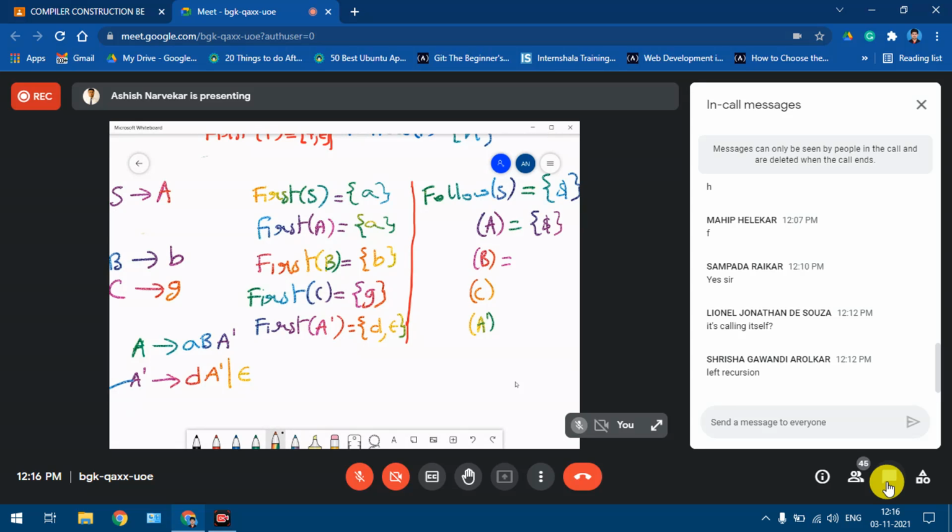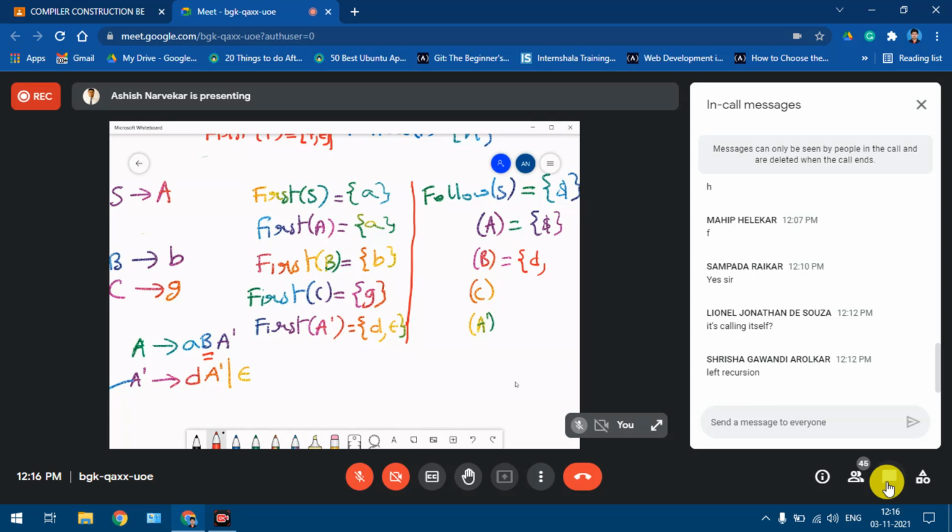Now next is follow of B. We need to compute it. We can see that B appears over here. So follow of B will be equal to first of A dash. First of A dash is D and epsilon. Correct? So follow of B will be equal to first of A dash, which is D minus epsilon.